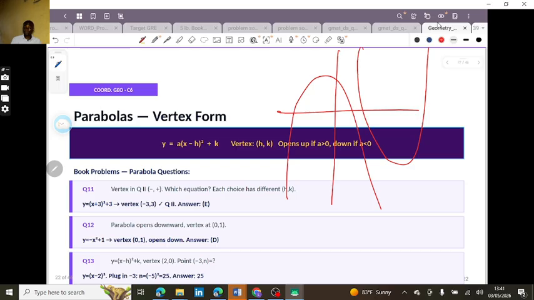The vertex form simply means we want to write this so that, looking at this now, k is the value of y at the turning point, and because it is minus h, it will be plus at the turning point, and if it is plus it will be minus.